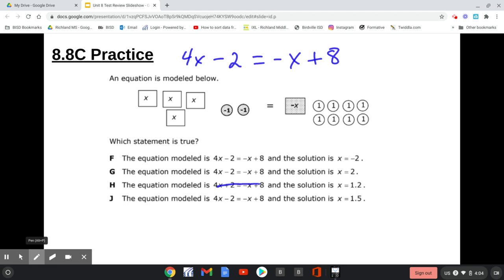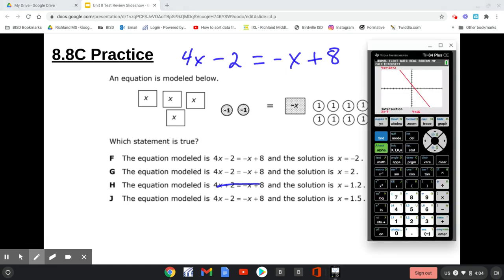To save time, I'm going to solve it on the calculator. Pull that up, hit y equals, clear, and I'm going to put 4x minus 2. Enter. Clear.